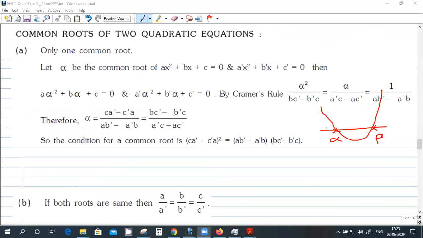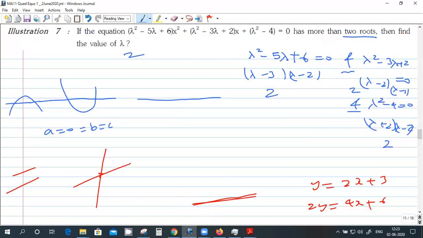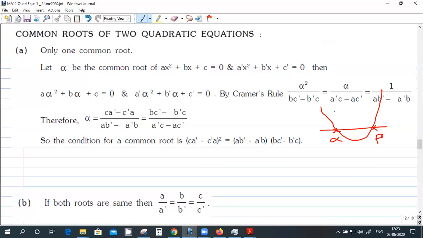Should I draw? It can be like this, right? This is a parabola which has got a common root of alpha, right? Is it clear? Yes, sir.